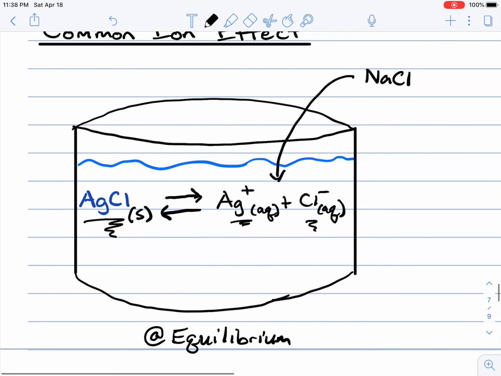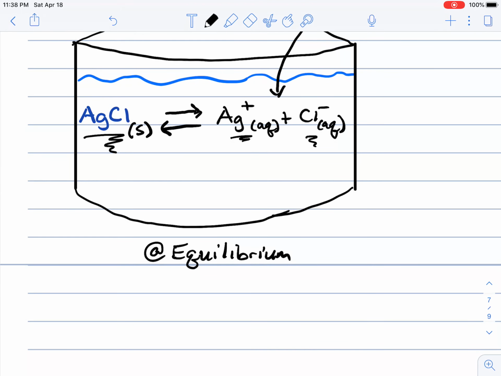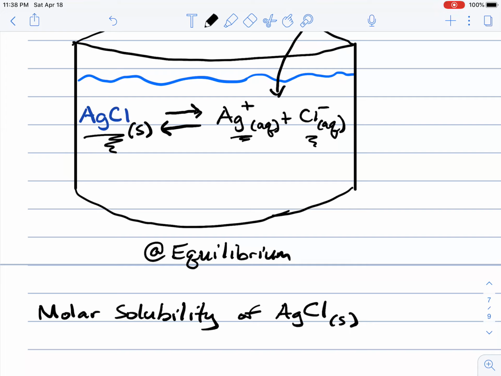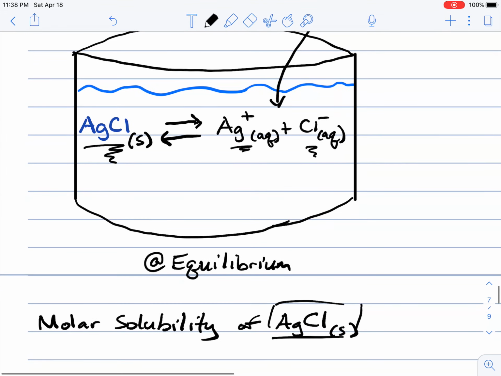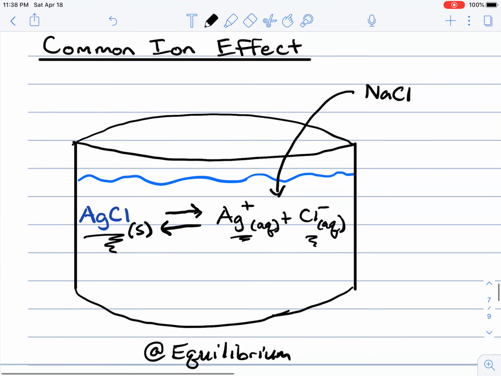So what we're trying to address is what would happen to the molar solubility of silver chloride, and we're talking about the substance in which silver and chloride are together. So it's the reactant on the left side of the arrow. So what's going to happen to the molar solubility of silver chloride when we add sodium chloride to this solution?